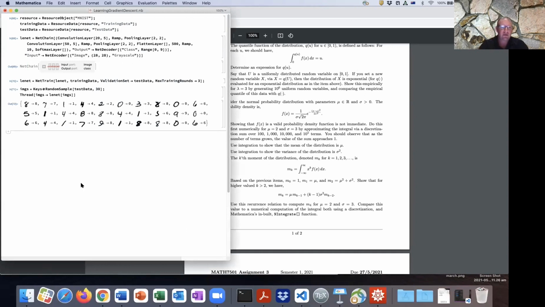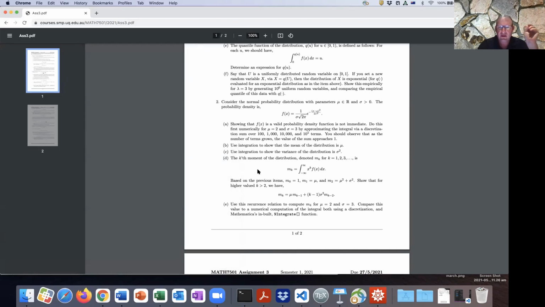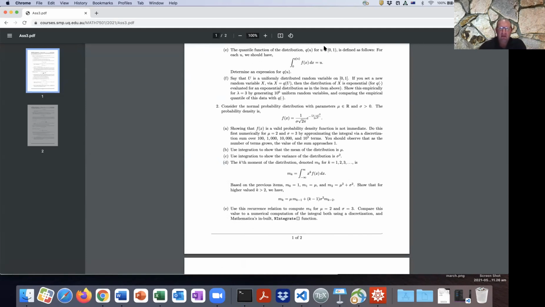So if we do question mark on normal distribution, yeah, the second parameter is a standard deviation. Sometimes people would put the second parameter as the variance. I'll get back to the last question in a second.